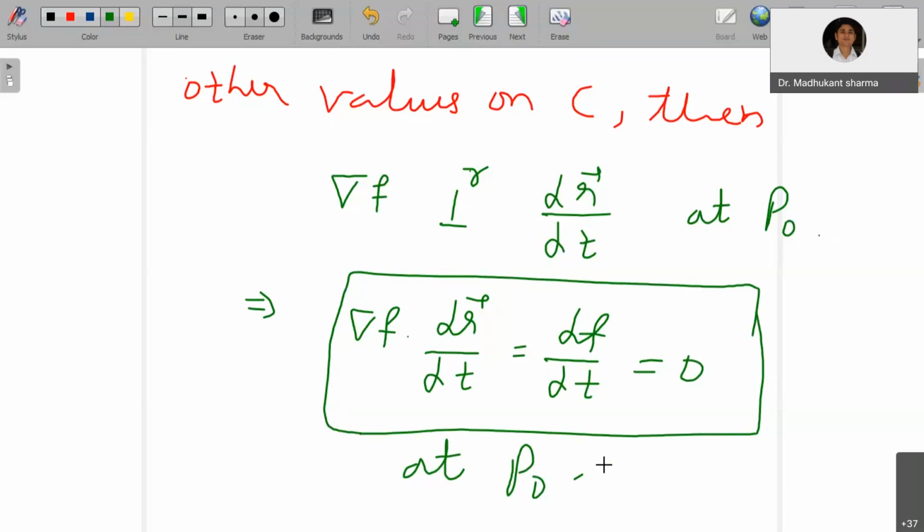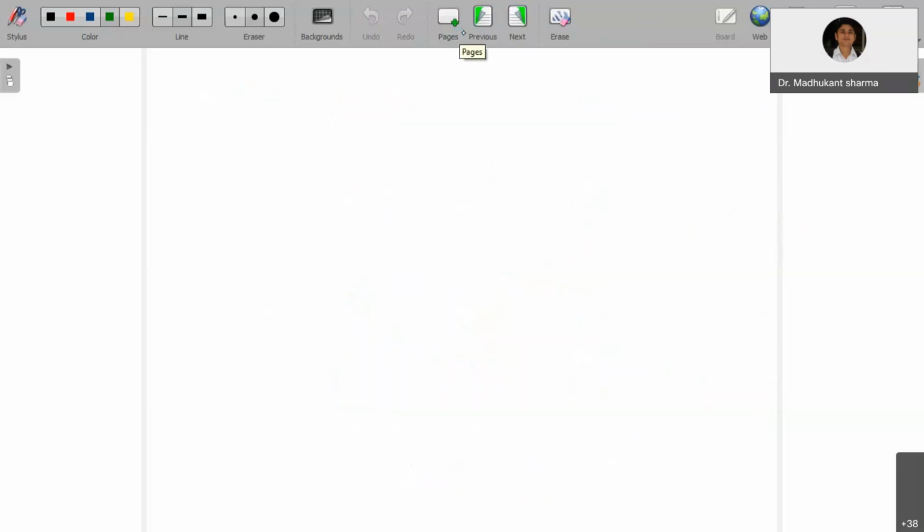Okay, so now how will it help you to analyze the method of Lagrange multiplier? We will use this observation again, that is why we are saying again that grad f and grad g are parallel to each other when you have one constraint.